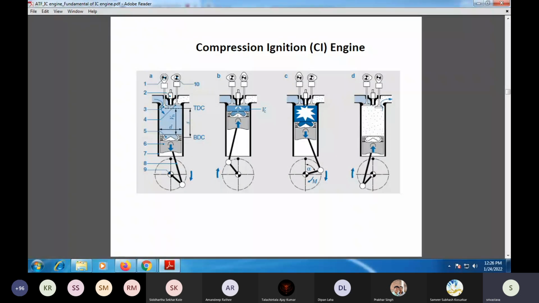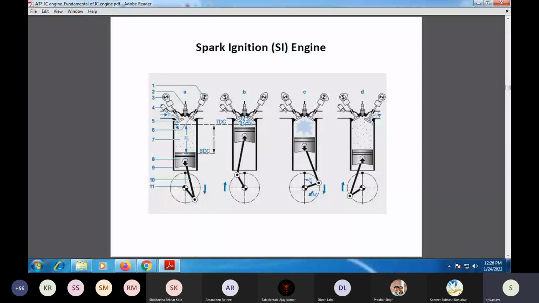In the spark ignition engine, the fuel has been injected in the beginning, or it is a mixture of fuel and air coming inside the combustion chamber, and the fuel has enough time during the complete intake cycle and most of the compression stroke, so the fuel and air have a lot of time to mix with each other and form an almost homogeneous air fuel mixture inside the combustion chamber at the time of the combustion.